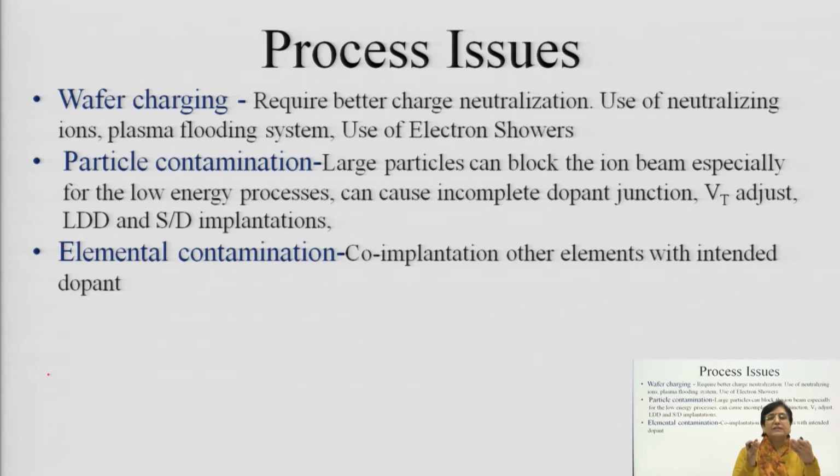When the wafers are exposed to the contaminating particles, there is every possibility that there can be some damage, and that can result in an incomplete dopant junction, or you may have lightly doped drain regions, as you have different area requirements when you are fabricating the devices.